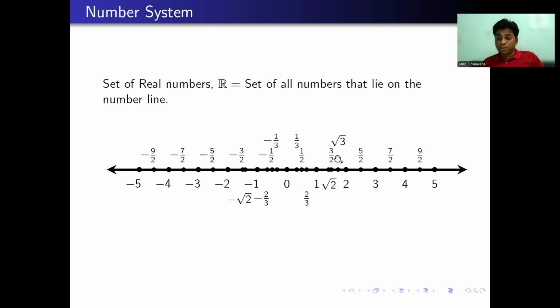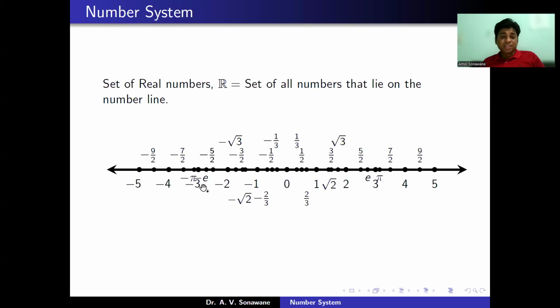Root 3, whose approximate value is 1.7320, also lies on the number line. Similarly, minus root 3 is there. Pi, whose approximate value is 3.1415, lies on the number line. Similarly, minus pi is also there. The real number e, whose approximate value is 2.7182, also lies on the number line. Similarly, minus e is there.